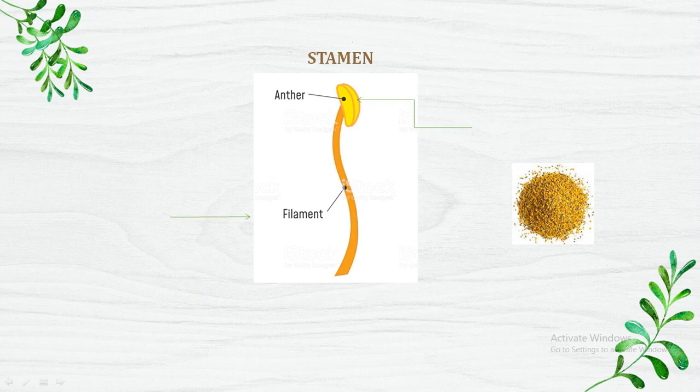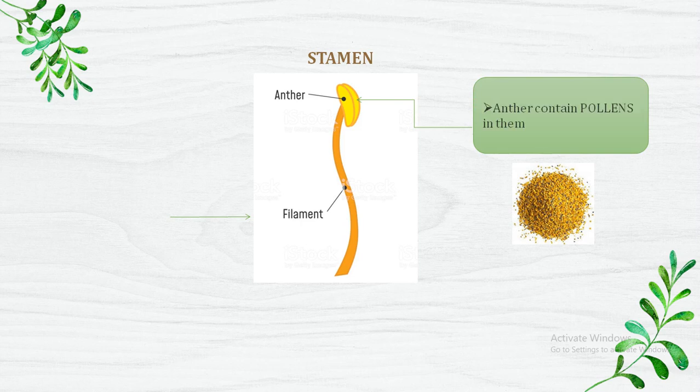Now here is the stamen, the male part of the flower, because it produces the male cell, and that is called pollen. So this part plays a role in pollination because of pollen grains. Its first part is the anther, which has pollen inside it.